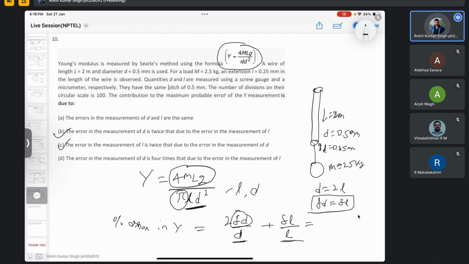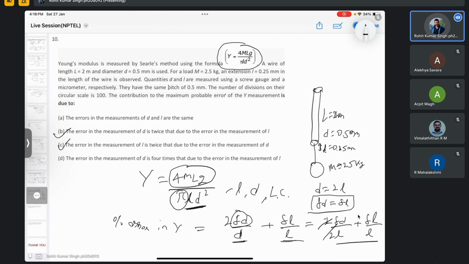So least count is same for both, so delta L and delta D is same, but D is twice L, which cancels the 2 in the above, and then you have delta L by L. And these two are equal. So both will contribute the same. Okay. So this you have to keep in mind.